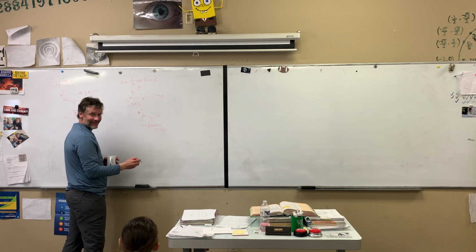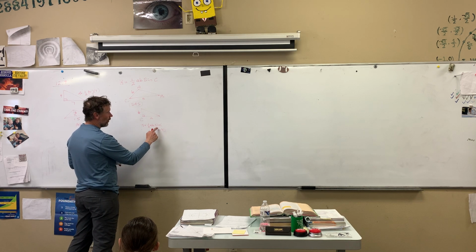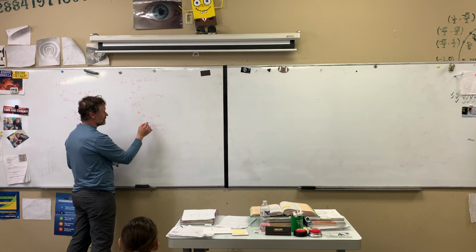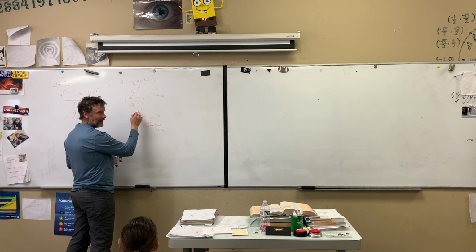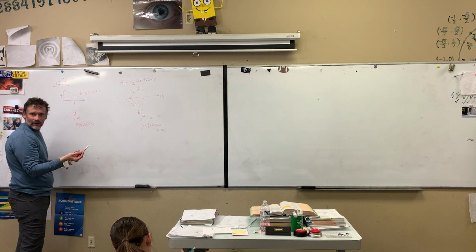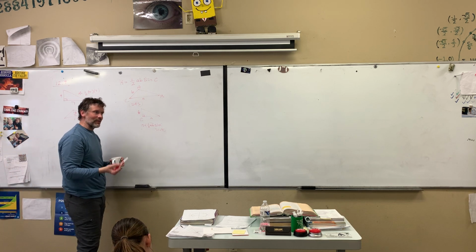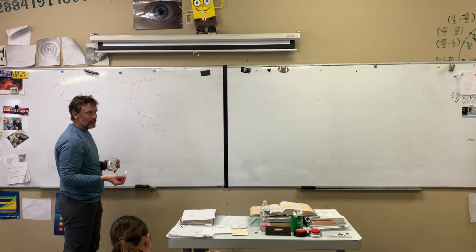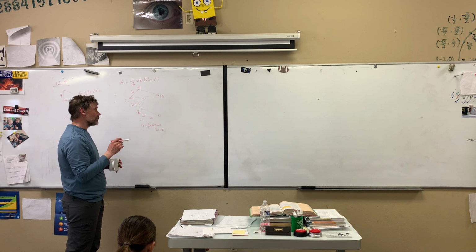What's the sine of 90? 1. So 1 times anything is just itself. So it's 1/2 AB, which is base times height, which is back to base times height. So it can work with a 90, but it wouldn't make any sense to. But that's where it stems from.